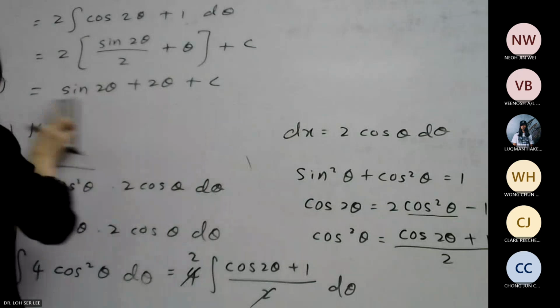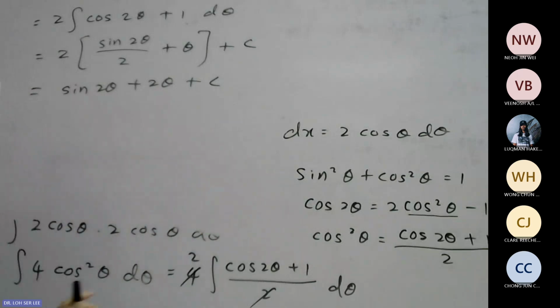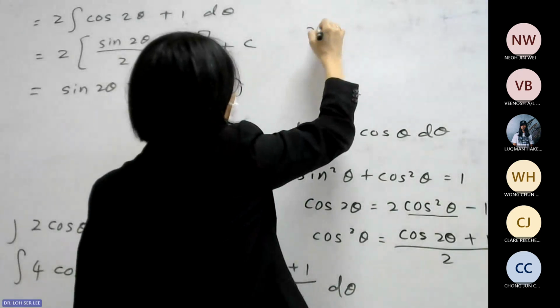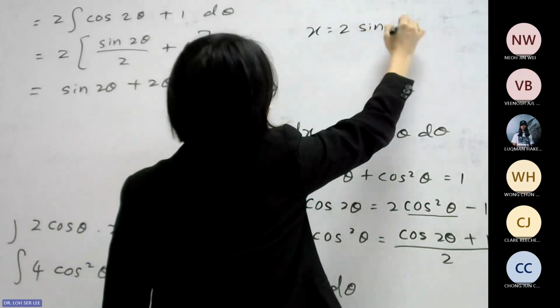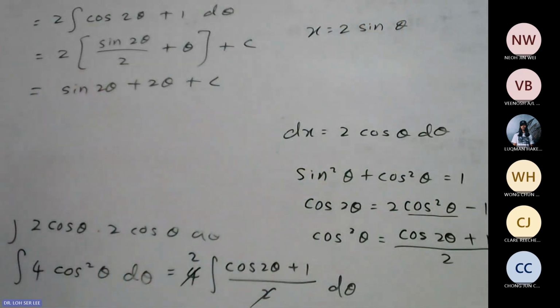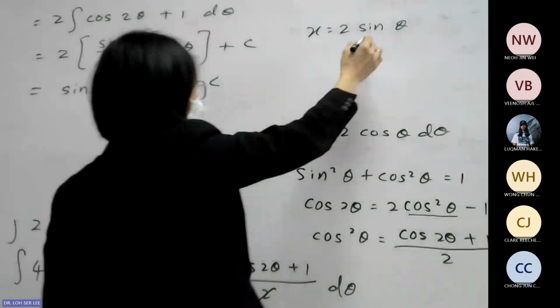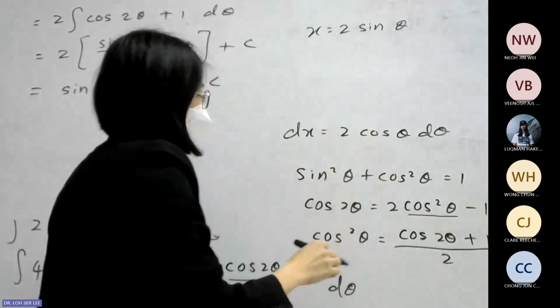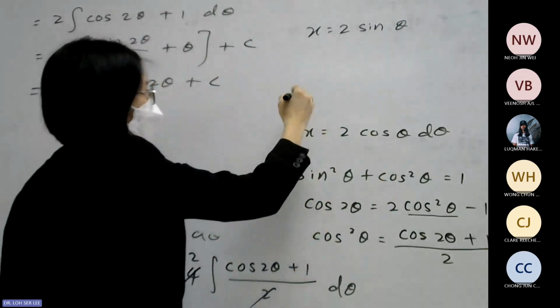Then just now we have x equals 2 sine theta, right? We want to change the theta back into x. So here we have to use another identity.